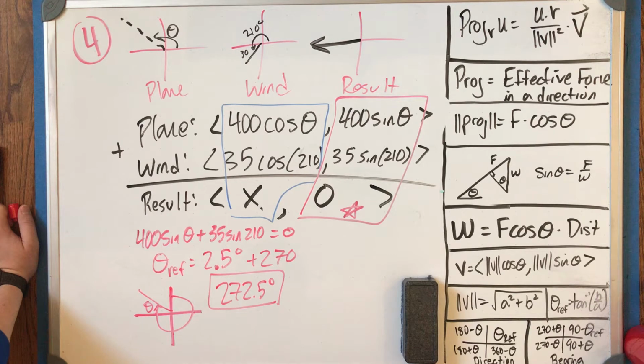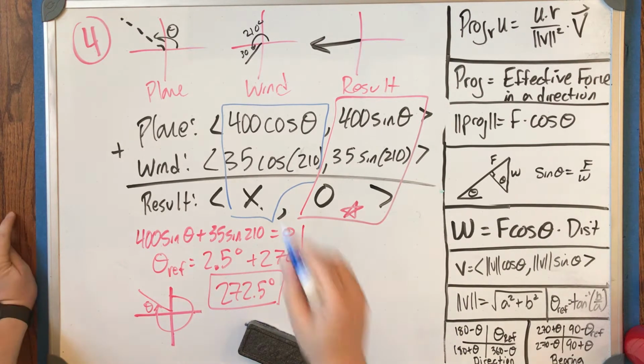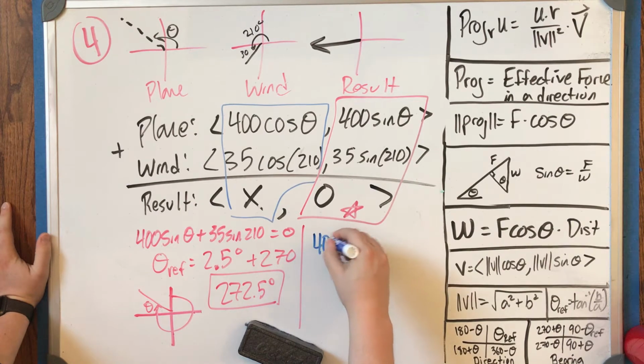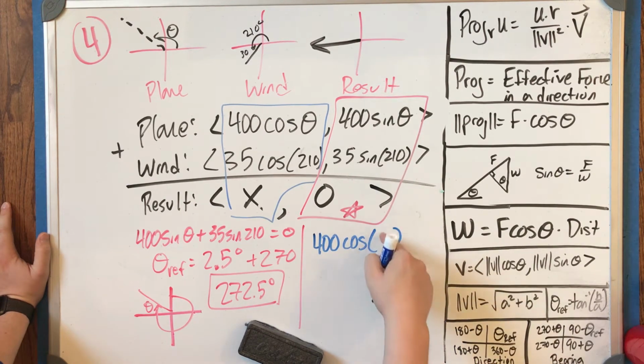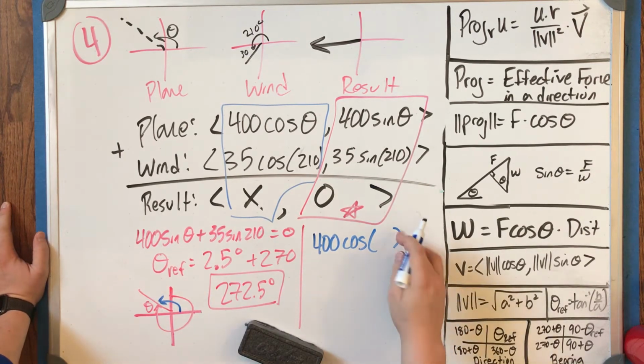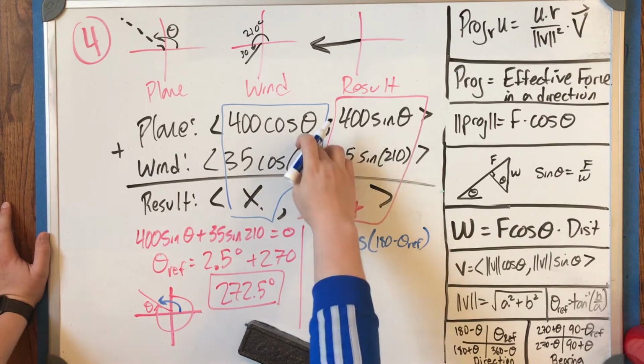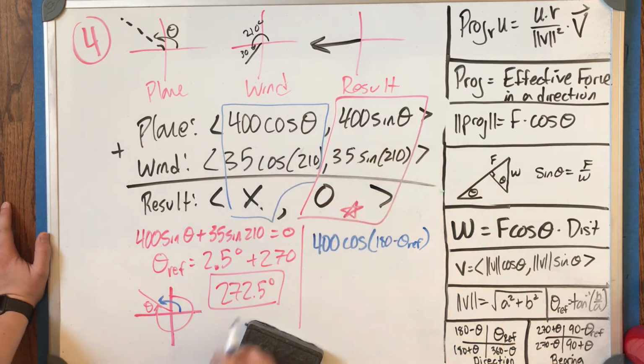And I don't remember if this question asked you to find the x value, but I will just for practice. What I would have to do here is very carefully figure out what this theta value actually is. So theta's really here. So I would do 180 minus that theta reference, and that's what I'd be putting in right here, because this is direction angle, not a reference angle or a bearing angle.